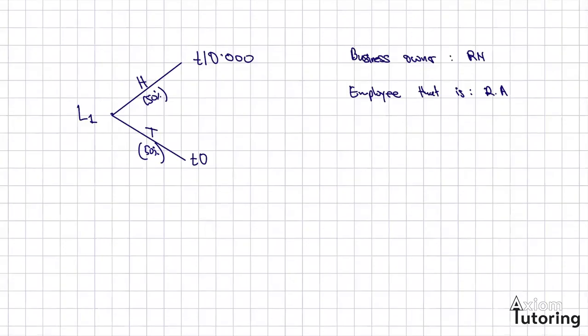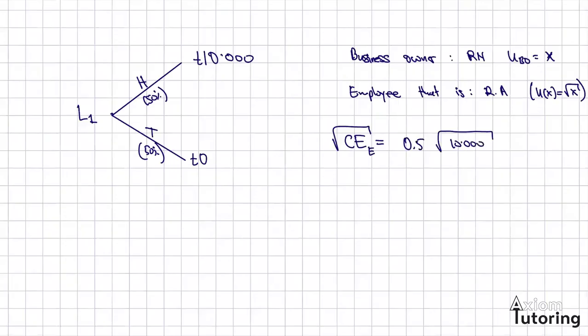In that case, what is the certainty equivalent of this employee? Let's say that the utility is square root of x, and the utility for the business owner is simply x. The square root of the certainty equivalent for the employee will be equal to 0.5 times the square root of 10,000 plus 0.5 times the square root of 0.